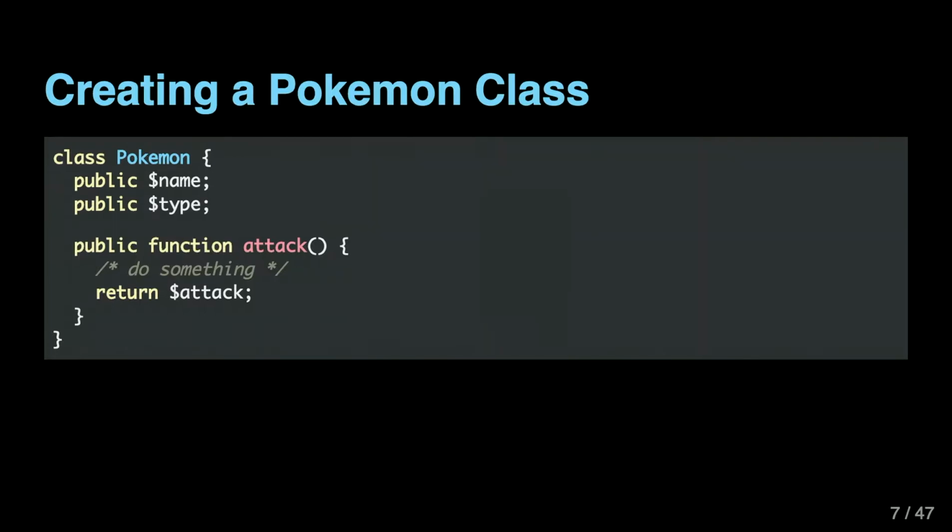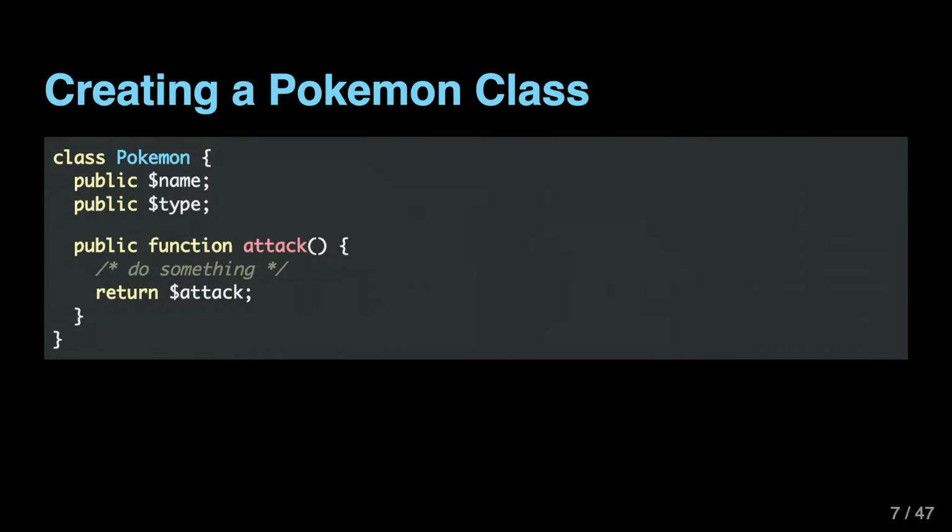We also have a method, which is the public function attack. For now, it just does something and returns an attack. Public in this case is what we call visibility in PHP, and that allows other classes to use or access those methods. There's also protected and private. So this is what a very bare bones class would look like.